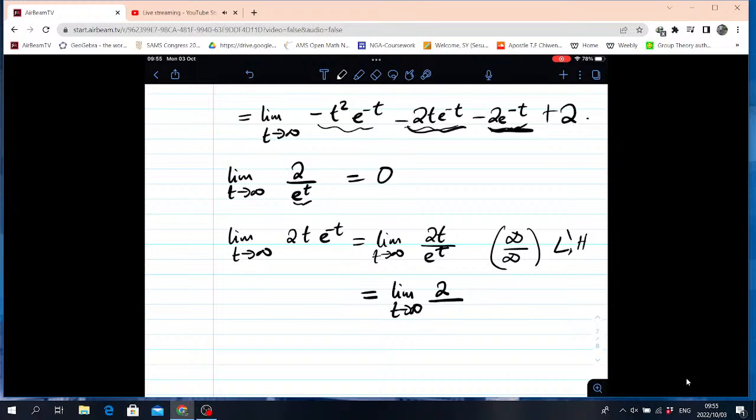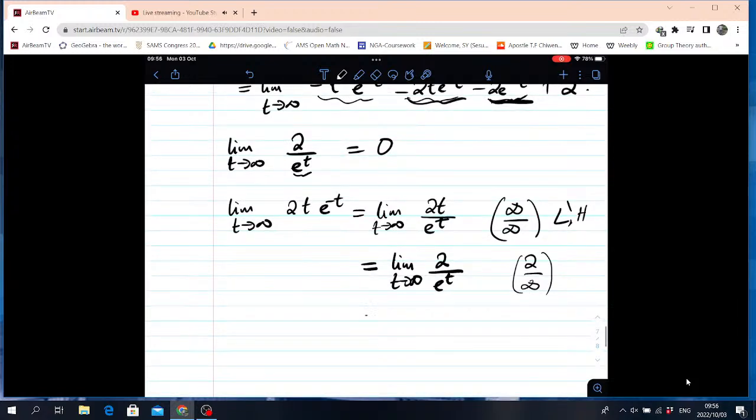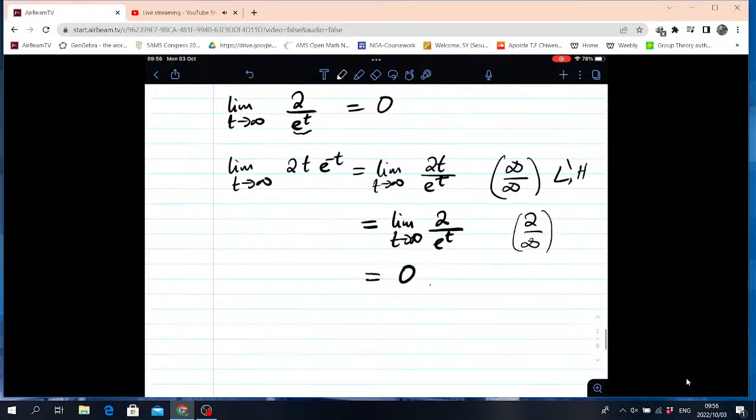We differentiate the bottom part, we get e to the t. And now we've got a constant on the top, and then on the bottom we've got something going to infinity, so it's like we'll have a 2 over infinity type. And once we get that, we know that this is going to be equal to 0.